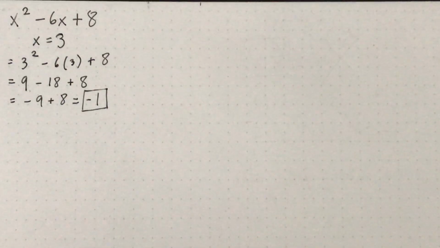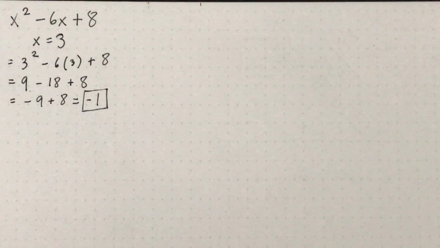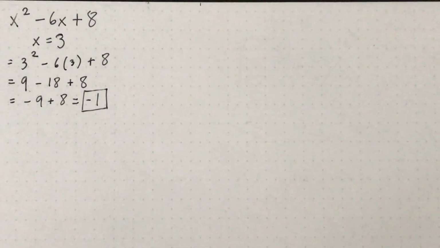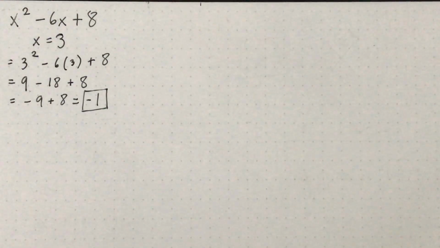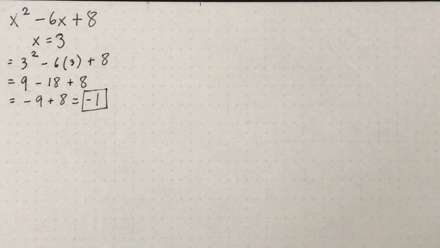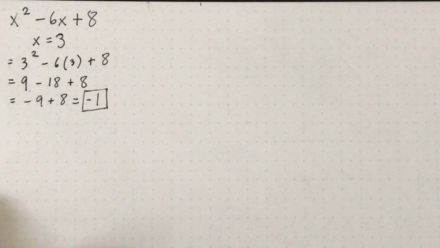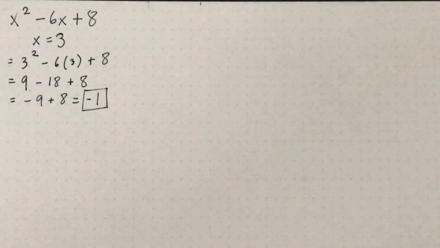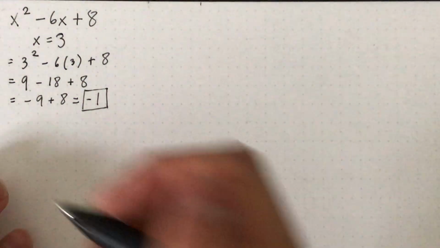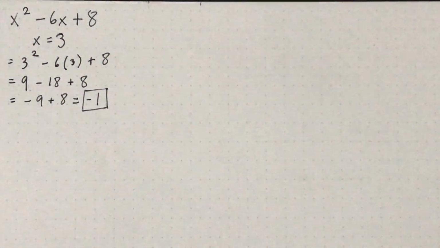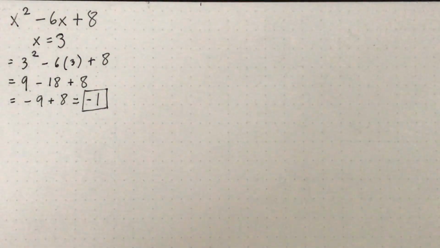I guarantee though that some of you watching this video may have gotten 0 as the answer. If you pick the numbers x equals 2 or x equals 4, you should in fact get 0 instead of negative 1. Let's confirm with one of those numbers. Let's say I chose 2 instead of 3.